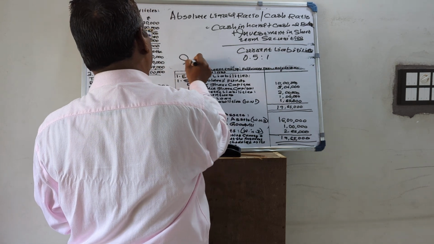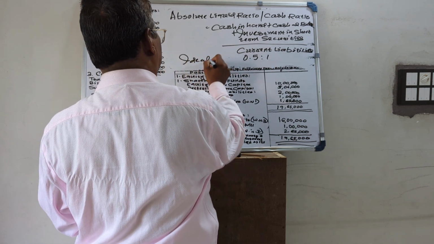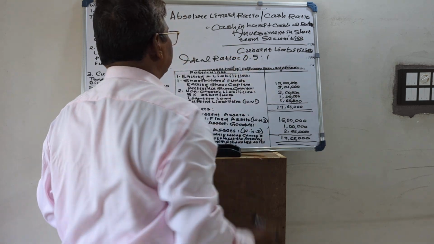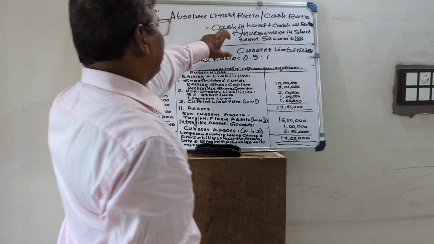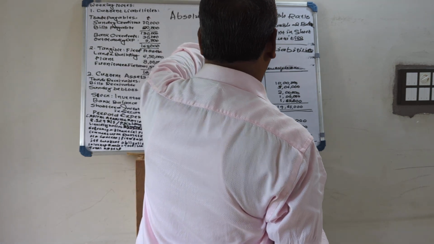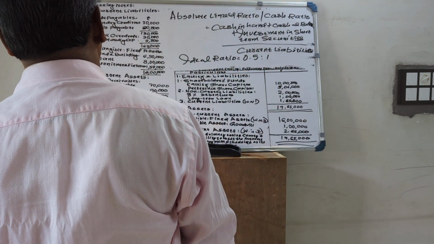The ideal ratio, or yardstick, is 0.5:1. That means cash in hand, cash at bank plus investment in short-term securities should be a minimum of 50% of current liabilities.